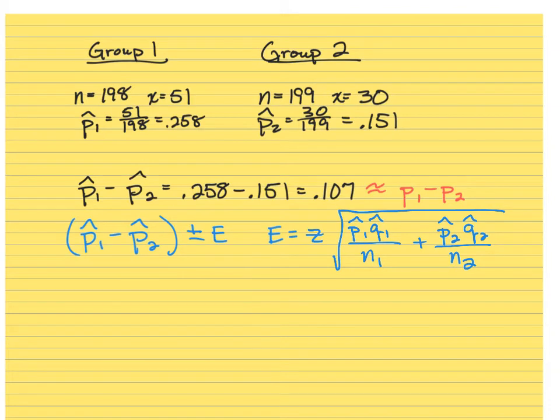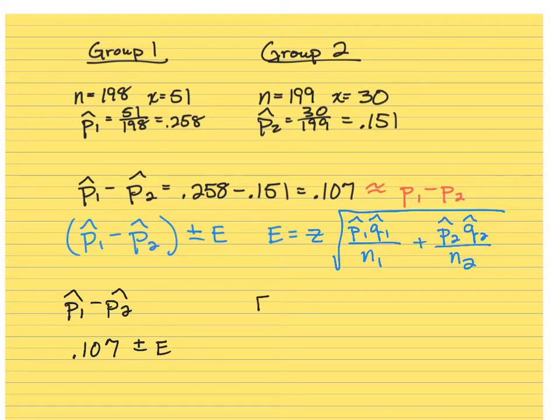So it's a little bit more complicated, but that is the formula for finding the error in our confidence interval. All right. So in our particular case, P1 hat minus P2 hat is already found, and that is 0.107.